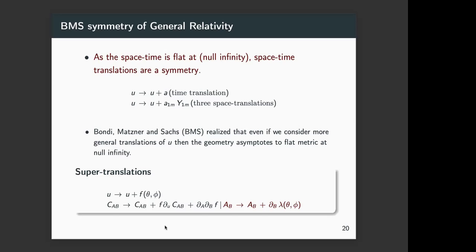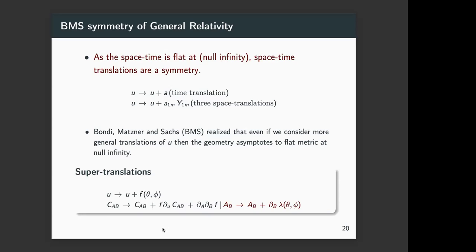And just because of how global translations act, Bondi, Metzner, and Sachs realized that even if you consider more general translations of u, where the translation is by an arbitrary angle-dependent function f, they proved that the asymptotically flat spacetime, as we reviewed before, doesn't change.